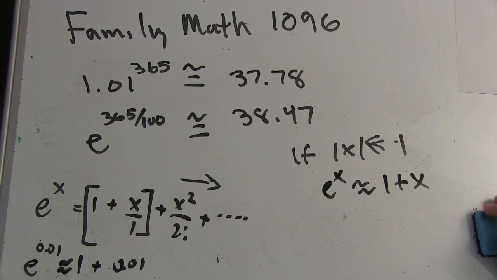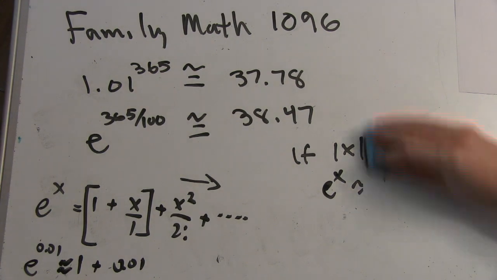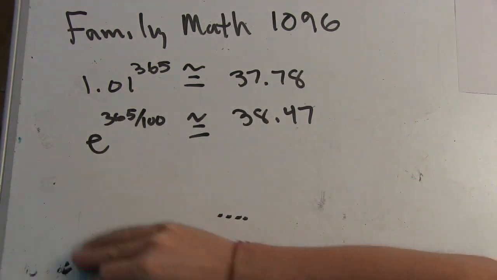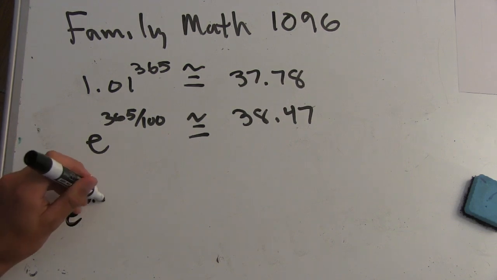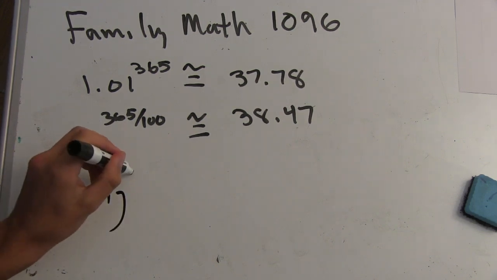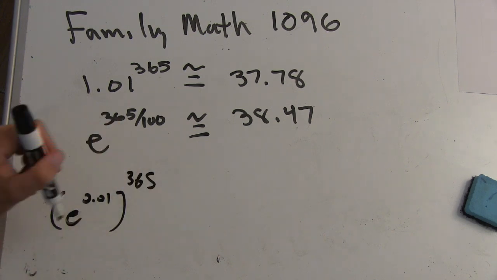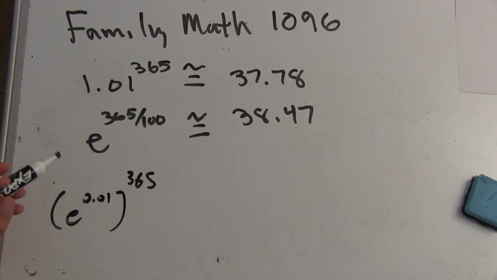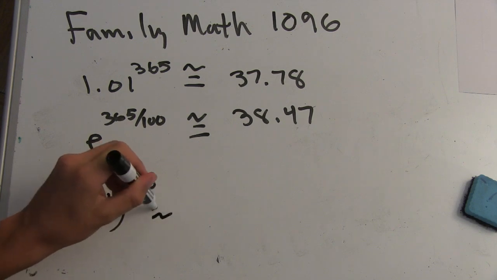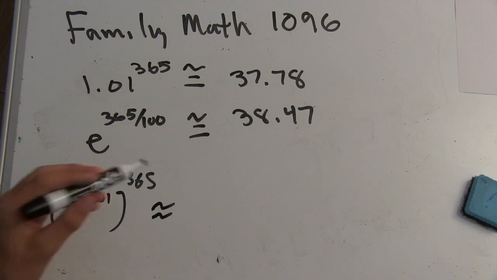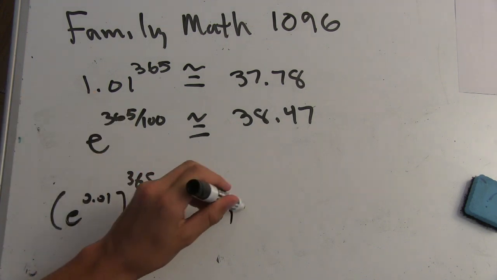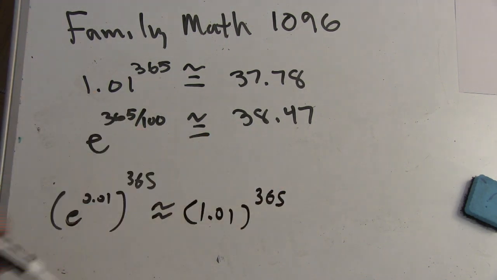Well, if we rewrite this, we can write it as e to the 1/100th, quantity to the 365, since powers will multiply when they're powers of powers. We know that e to the 0.01 is roughly 1 plus 0.01, so this is approximately equal to 1.01 to the 365, which is why these are so close.